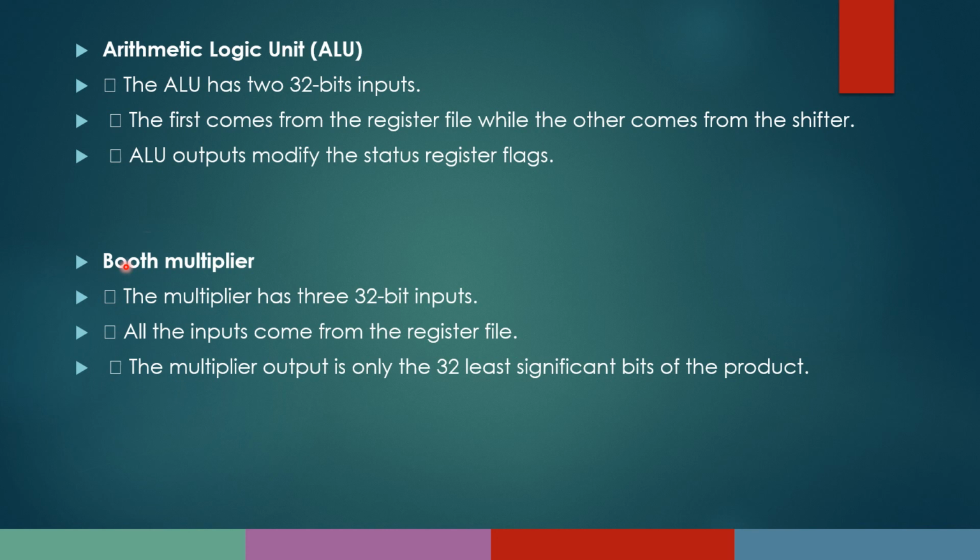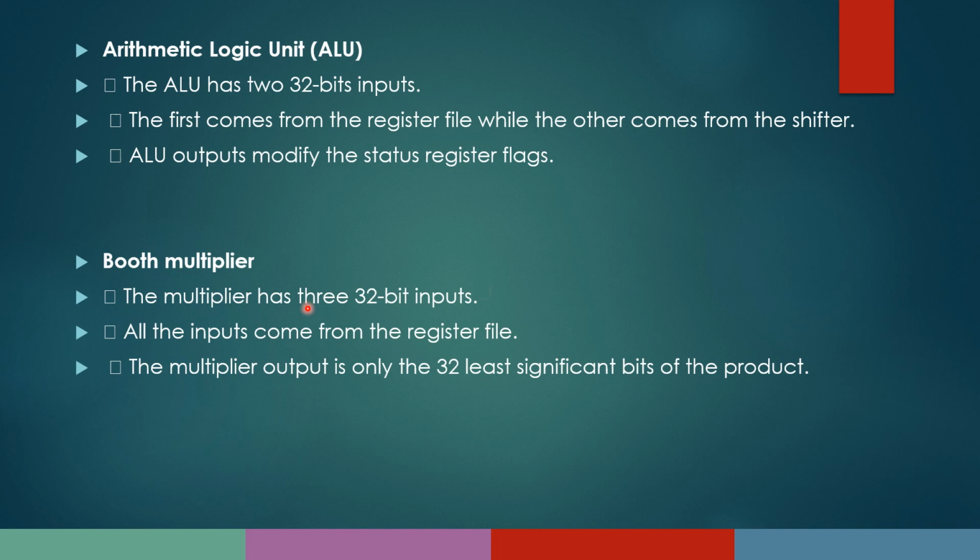Next component is the Booth multiplier, that is our multiplier circuit. In the case of this multiplier, the inputs are coming from the register file, as we have seen in the block diagram of the CPU architecture itself. Even though we have shown only one arrow in the figure, the operation actually gets 3 32-bit inputs.